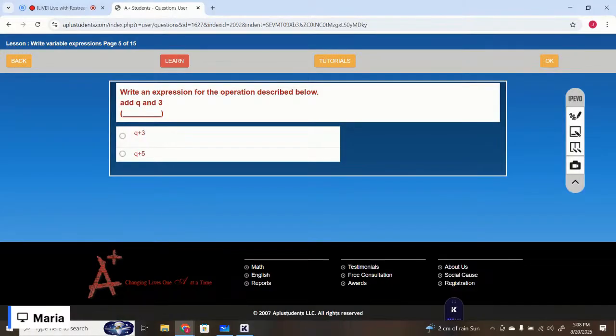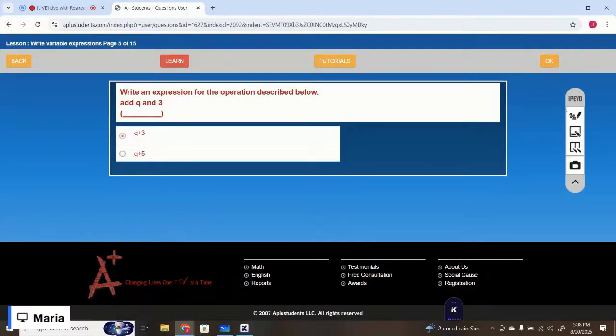Write an expression for the operation described below. Add q and 3. That is q plus 3.